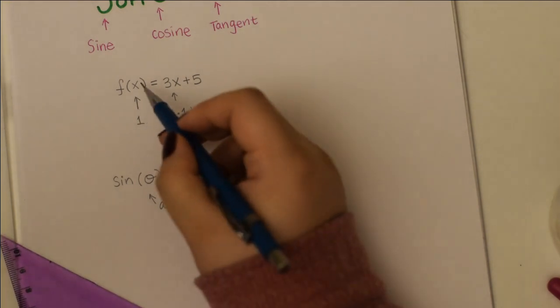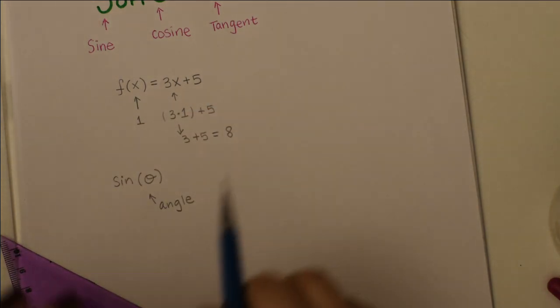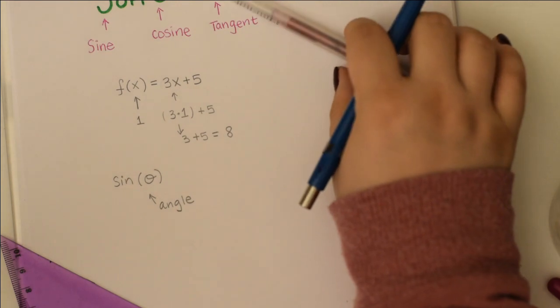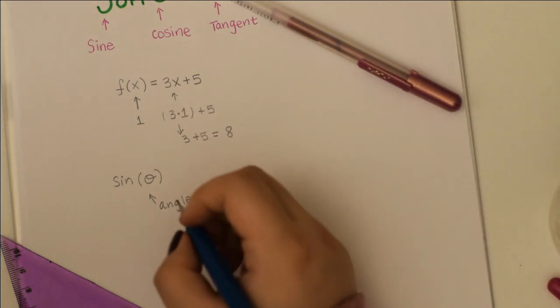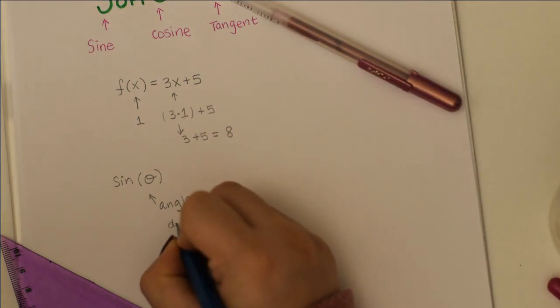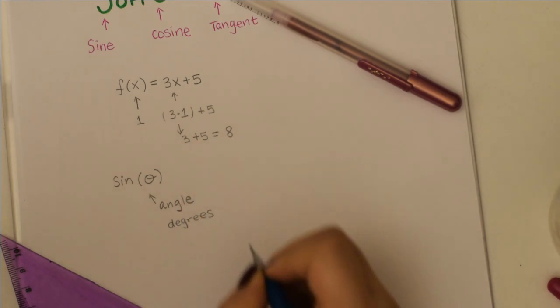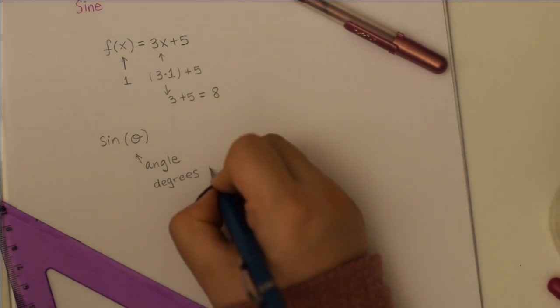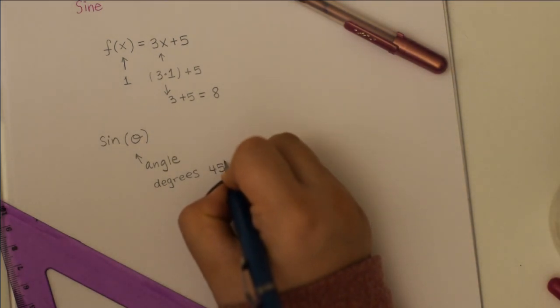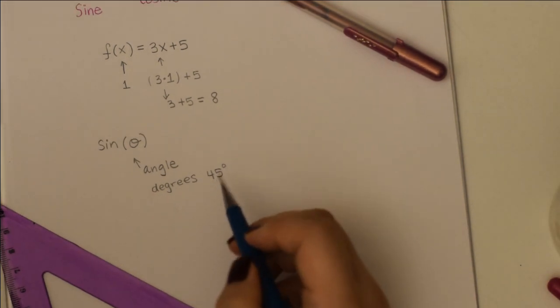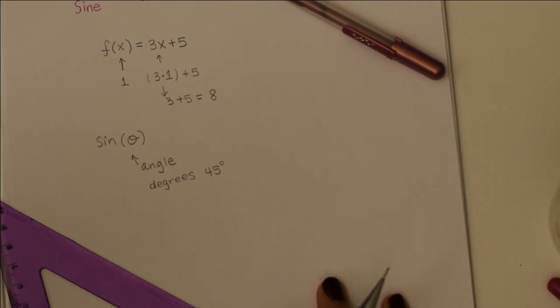So now I'm not just taking a number, I'm taking in an angle. That angle is usually measured in degrees, which you write like 45 degrees, right?